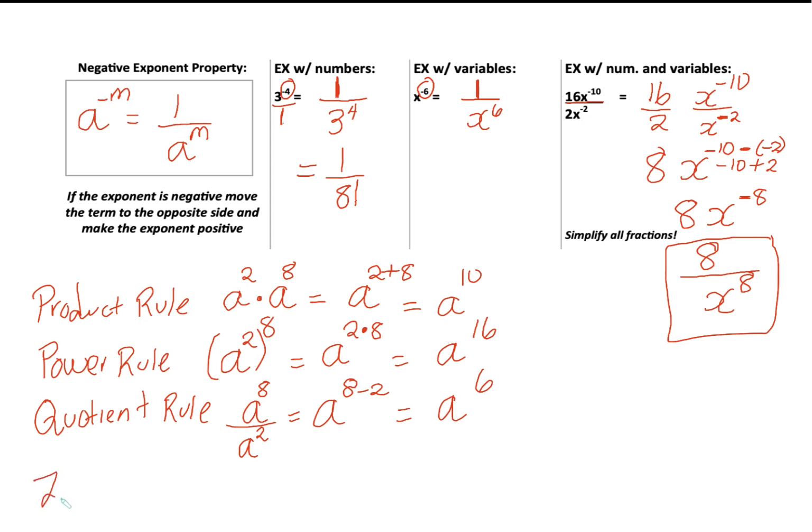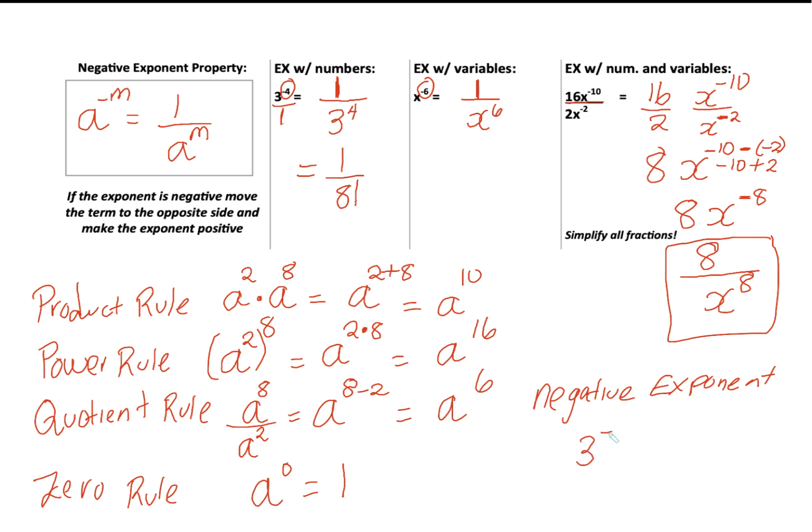Now with the 0 rule, remember that anything raised to the 0 power is 1. And then if you have a negative exponent, the negative rule, let's say 3 to the negative 5, once you see the negative, draw the fraction bar, this goes to the denominator and becomes positive, and then there's your 1.